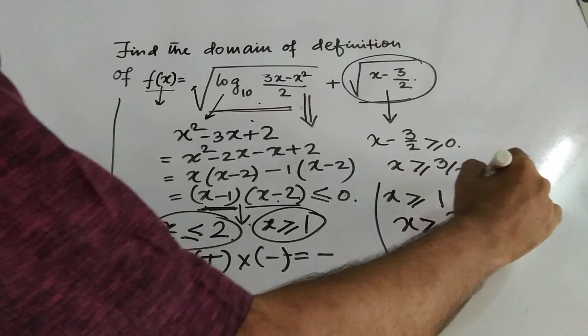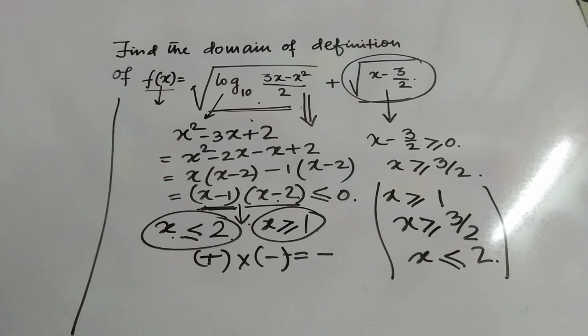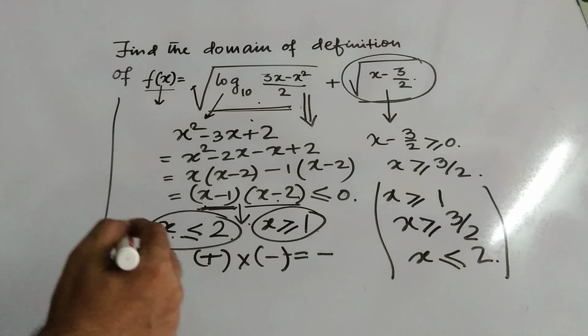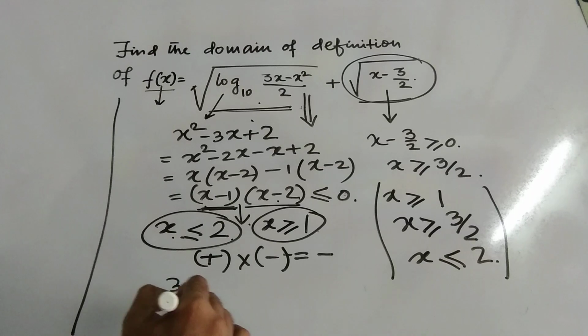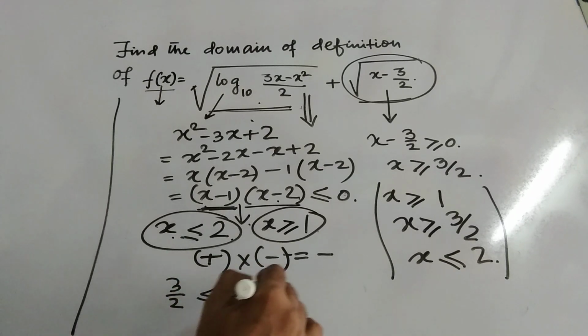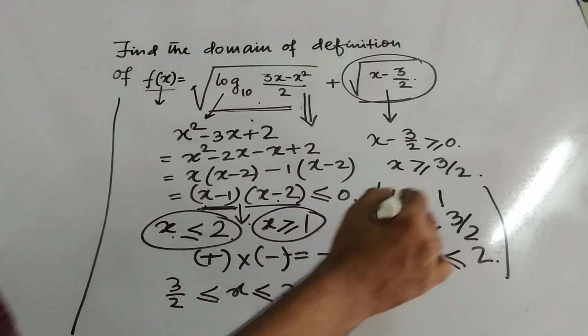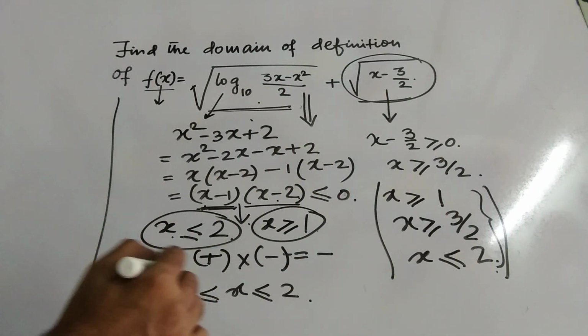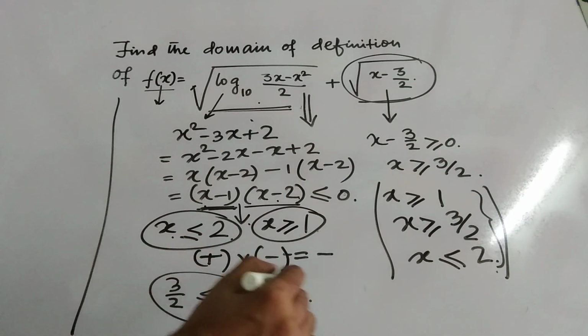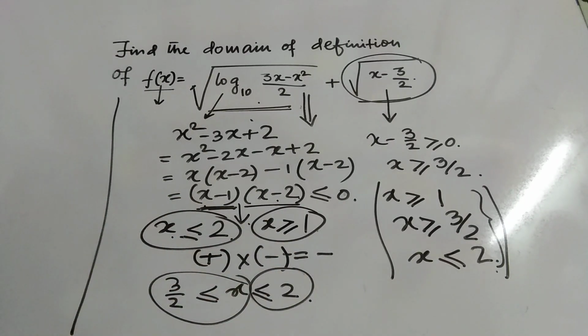So combining these three, I can write the entire domain of definition as 3/2 less than or equal to x less than or equal to 2, right? I am combining these three and writing the domain of definition as x greater than or equal to 3/2 but x less than or equal to 2.